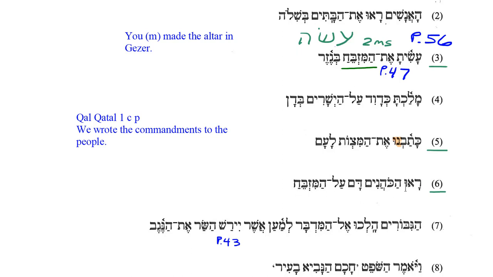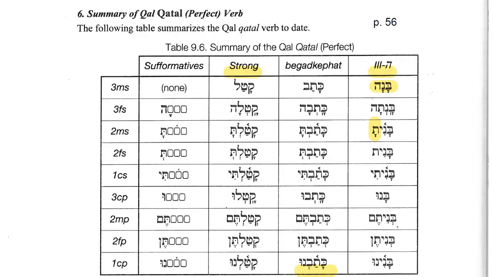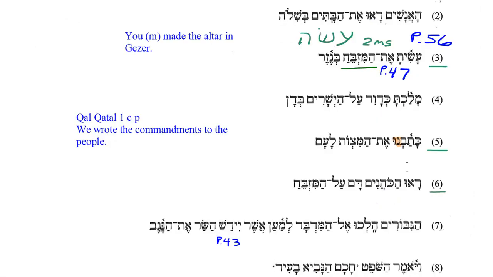So we have Ra'u. This is a little bit tricky because the hey is actually dropped off of this. We look at our chart over here on page 56, and this is again going to be a lamed-hey verb. And here we go. It looks like it follows this pattern here. We have the final hey dropped off, and it's got this shureq at the end. So it's third common plural, and then we need to figure out the root.